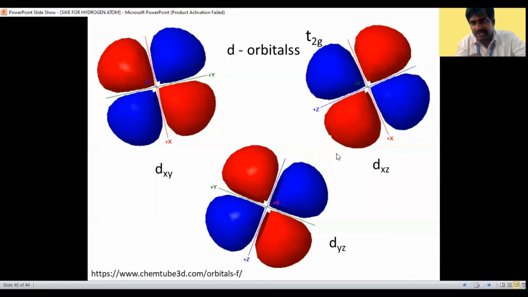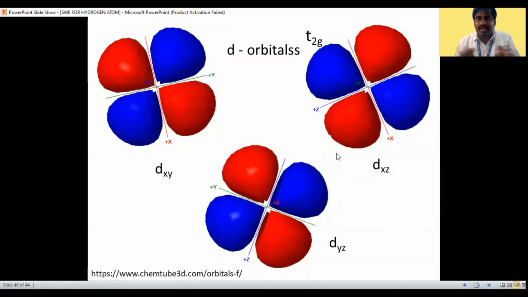These 3 orbitals of d orbital will have the same energy. That is the reason we indicate these three orbitals with t2g. What are those orbitals? dxy, dyz, and dxz. These are triply degenerate. All three orbitals have the same energy. That is the reason we call them degenerate orbitals.